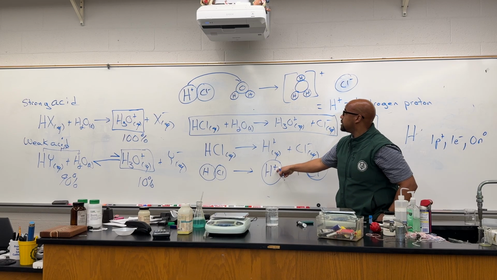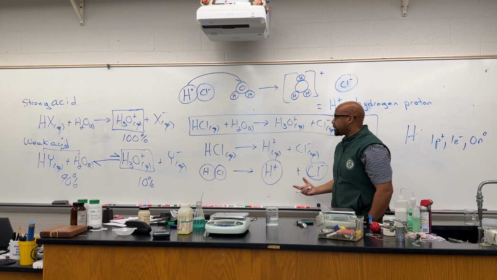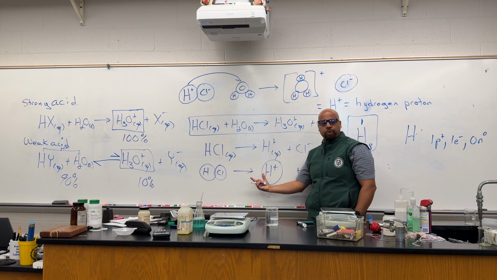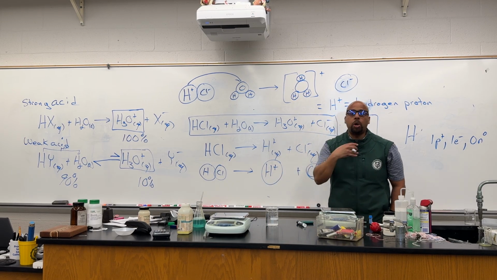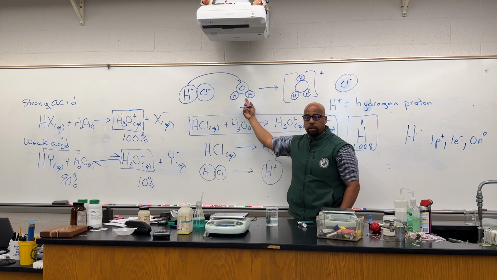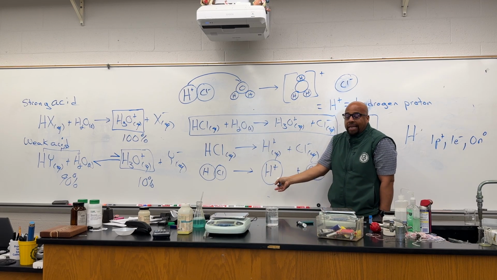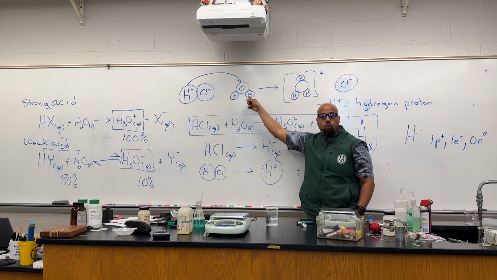This H plus and this hydronium are the same thing. We just use them interchangeably. This is kind of like our shortcut way where we remove the water from the whole entire equation. And this is where we show the water. For most of the problems in this chapter, I'm going to show you the water, because this is truly what's going on. That hydrogen cation is really not out there by itself. It really dumps itself on the actual water.